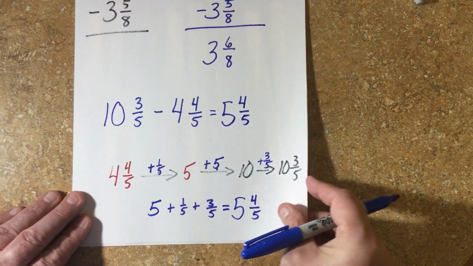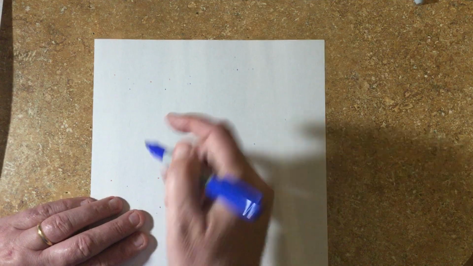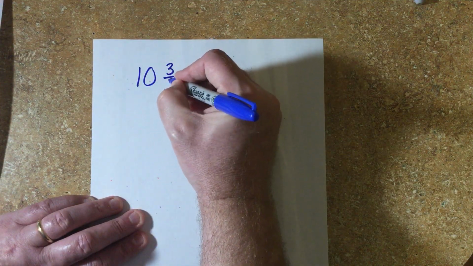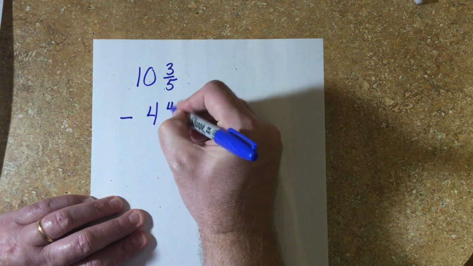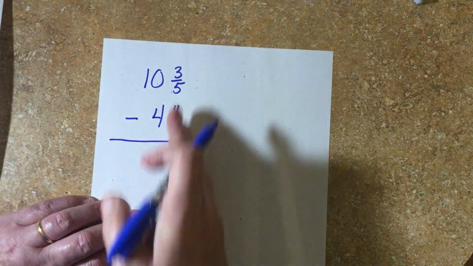Now I'm going to do this same problem again, only I'm going to do it with the algorithm this time. So I'm going to start off 10 3/5 minus 4 4/5. And again, I set it up vertically this time.